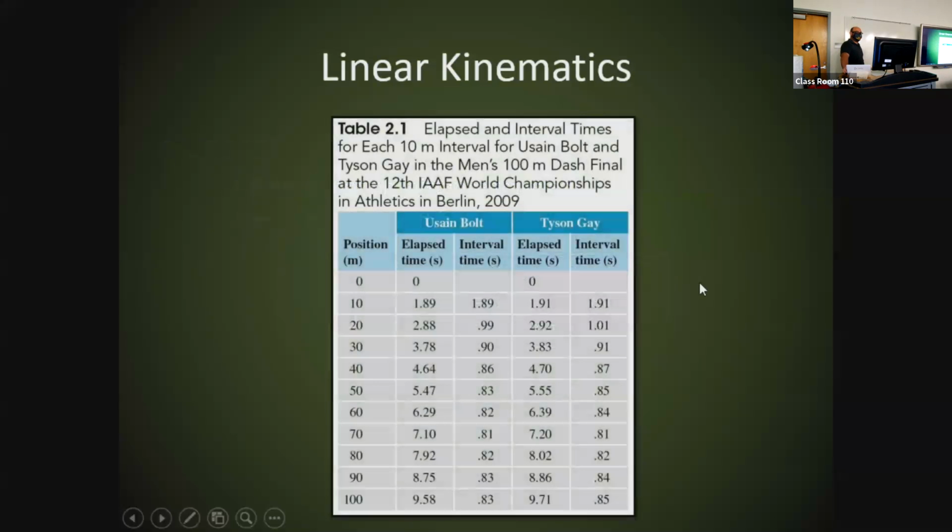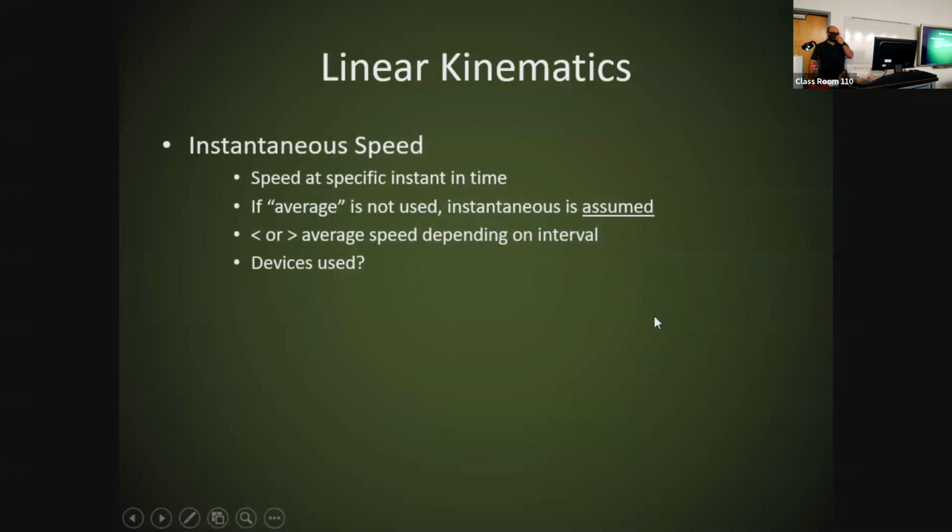We can split it up into different segments, which would help us get more detailed about the instantaneous speed or velocity, if you're wanting to use velocity. In that case, you can break it up into smaller and smaller units. The smaller the time intervals, the closer you get to the instantaneous speed or instantaneous velocity. The instantaneous speed is at a specific instant in time.